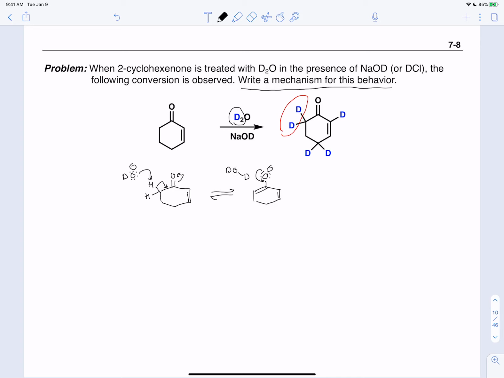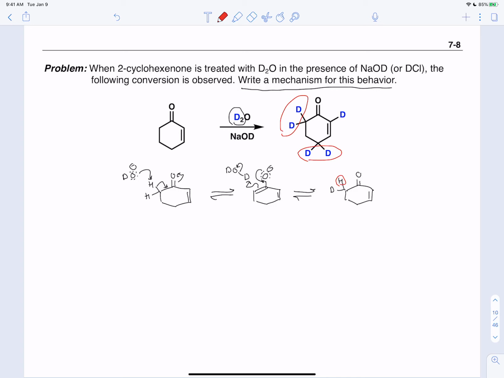And then it can react with water to do the exchange reaction and give us a monodeuterated product. This can happen once again, now with this other hydrogen, to give two deuteriums alpha to that carbonyl.